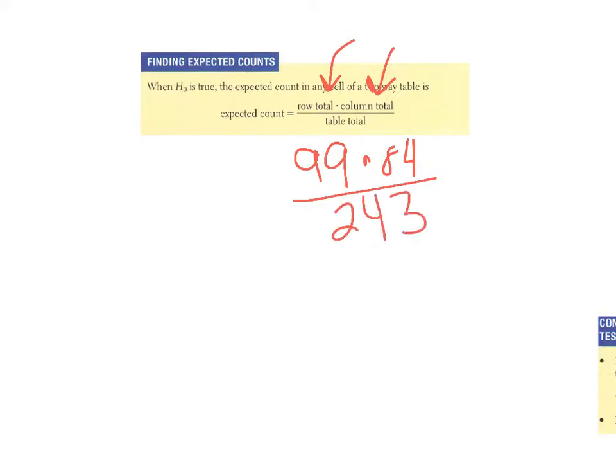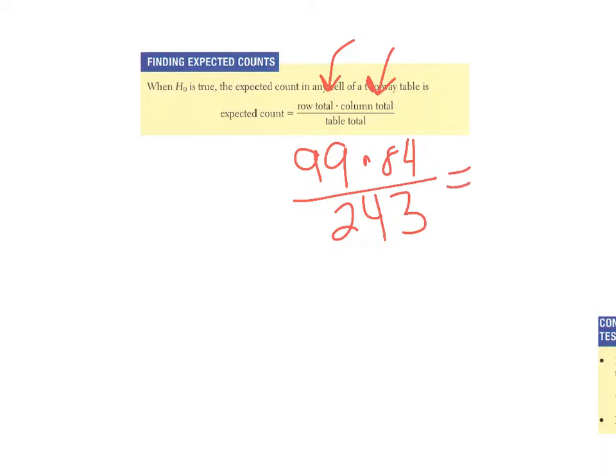So you may have picked up on it, that you have a formula for finding your expected counts. Your formula for finding your expected counts is to take the row total, so that 99 for the French ones, times the column total, which would have been the 84, and then divide that by the table total, which is the 243.